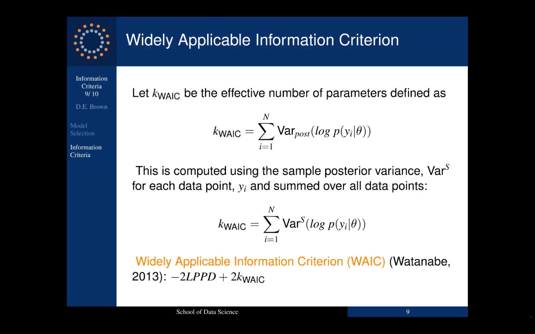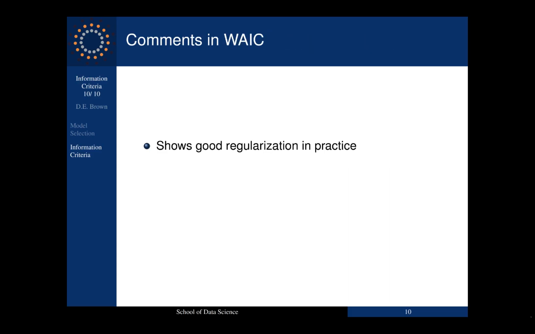And this turns out to be a very, very good approach to using an information criterion to penalize our models and therefore choose the better model for our particular problem. We can summarize these results here. WAIC is a relatively new approach, developed in 2013, but already it's showing really good results in practice for regularizing models.